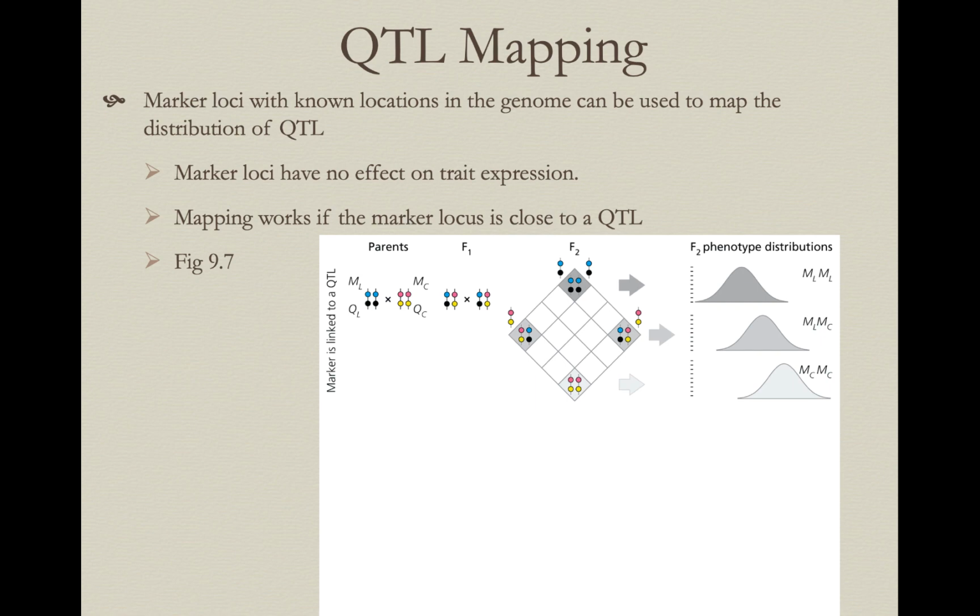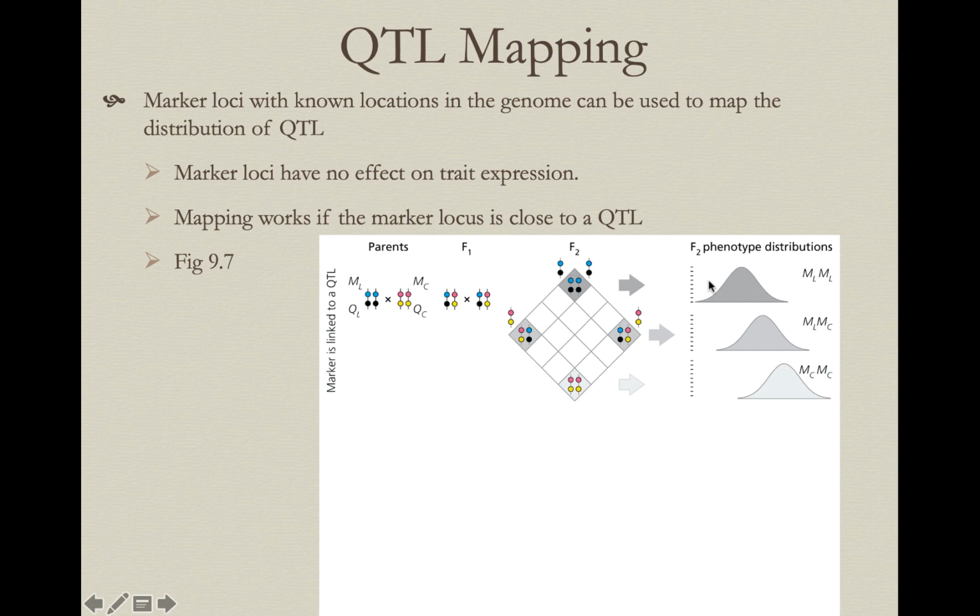Same thing we're getting with Lewisii next to it. And then when you cross the F1s to get the F2s, these are the only combinations you're going to get if, importantly, there's very tight linkage between the marker locus and the trait production locus.